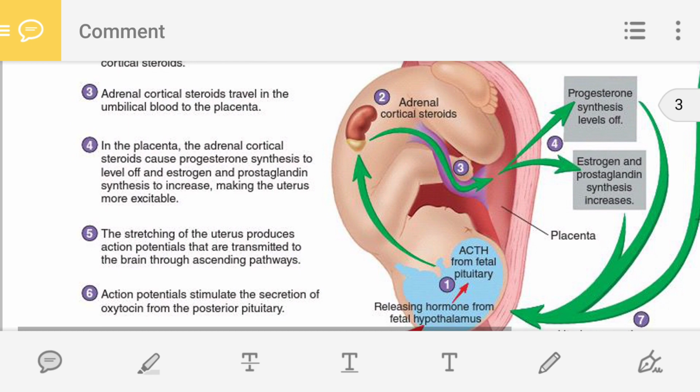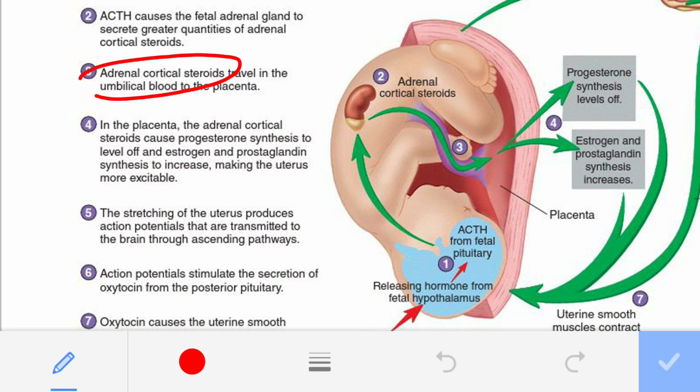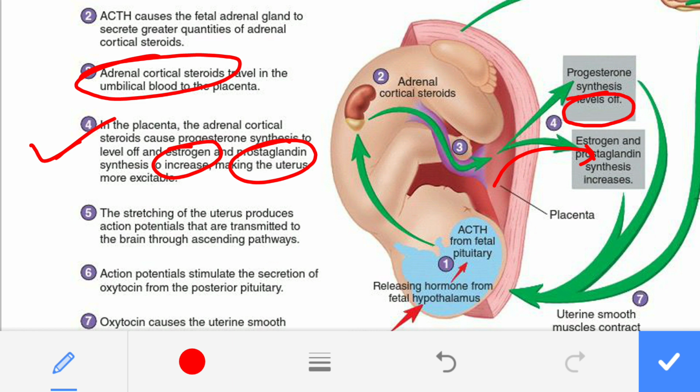Due to the effect of the adrenal corticosteroid hormone, the placenta produces a large amount of estrogen and prostaglandin. As you can see, the placenta is producing large amounts of estrogen and prostaglandin, but at the same time it is leveling off the progesterone synthesis. That means the production of progesterone is decreasing now.